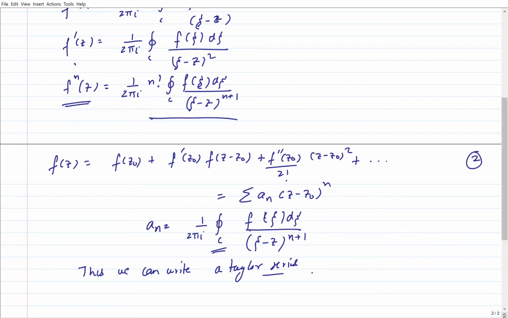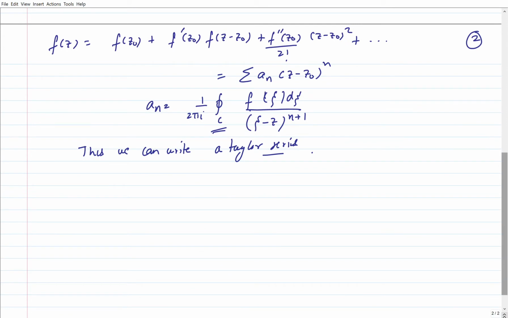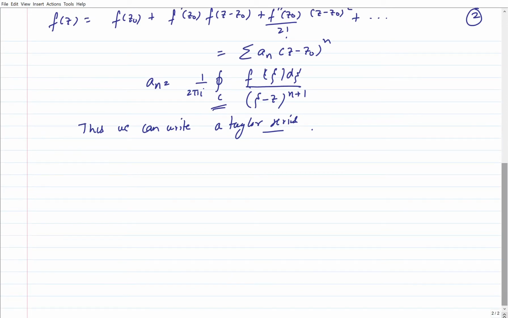So now what do we do? I think this is all a recap from the last lecture, but still it's kind of useful. Now let's say the function f(z) has a pole of order p.